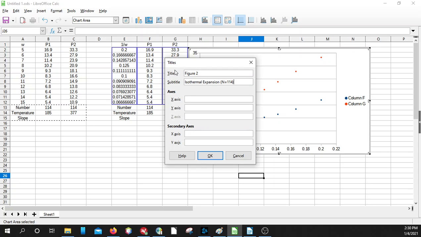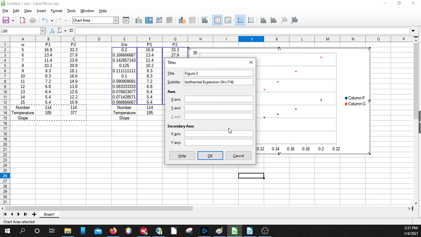But again, we can't name it the exact same thing. One's figure 1, one is figure 2. It's always important to include those. So if you're writing a lab report, you can refer to figure 2, for instance, and I know where to look for it.